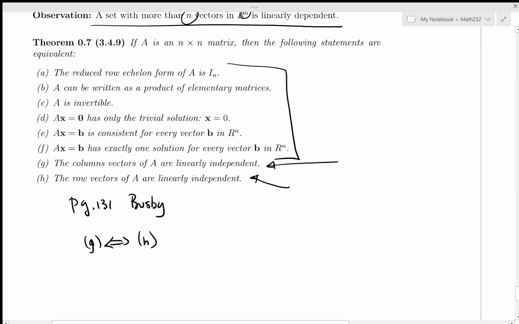We know this one, we just showed that the column vectors being linearly independent shows that the matrix is invertible. Sorry, I pointed to the wrong one. Let me bend my arrow up. That implies the matrix is invertible, and we saw earlier that a matrix is invertible if and only if its transpose is invertible.